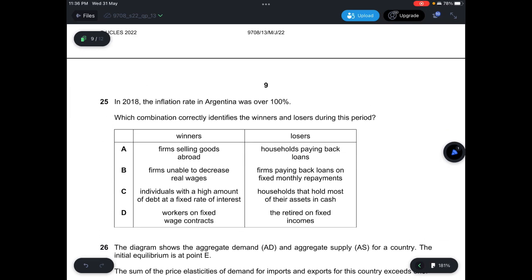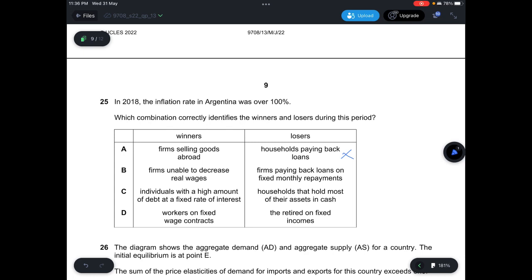Question 25, in 2018, the inflation rate in Argentina was over 100%, and which combination correctly identifies the winners and losers? So A, it says firms selling goods abroad are winners, and losers would be the households paying back loans, which is not correct. Because households can actually pay back loans due to the hyperinflation, and so no, they're not losers.